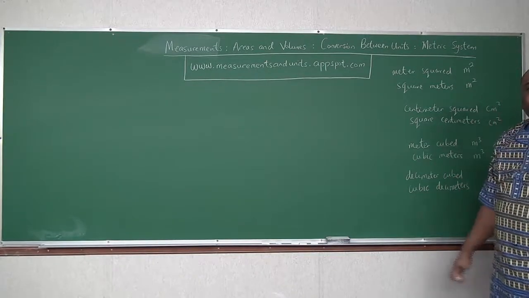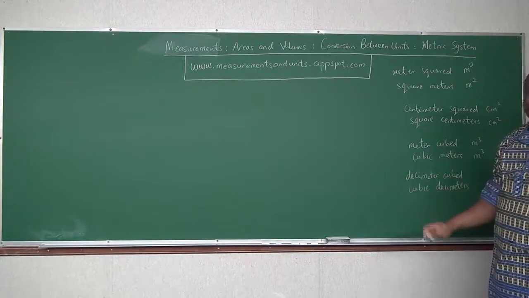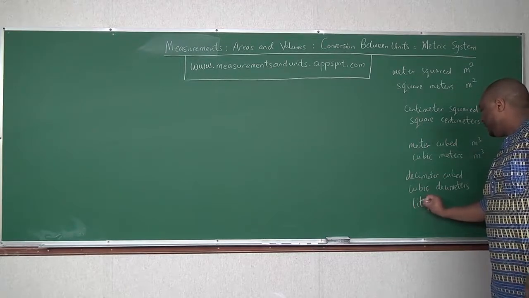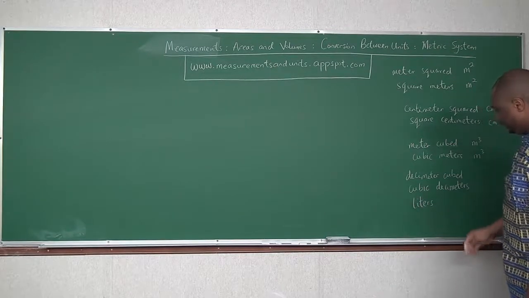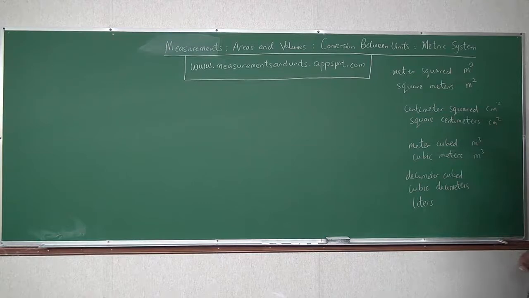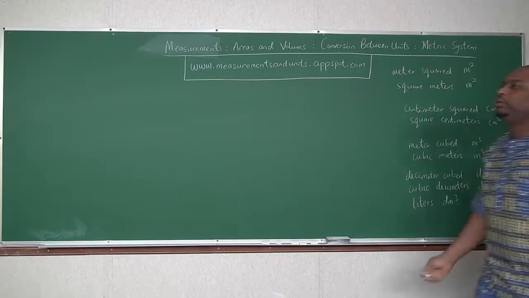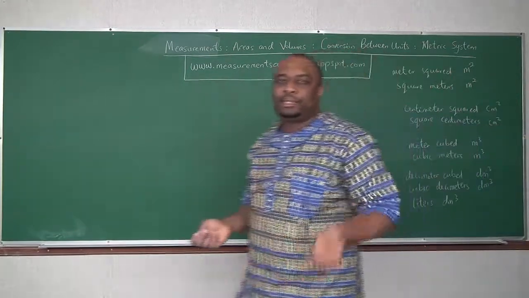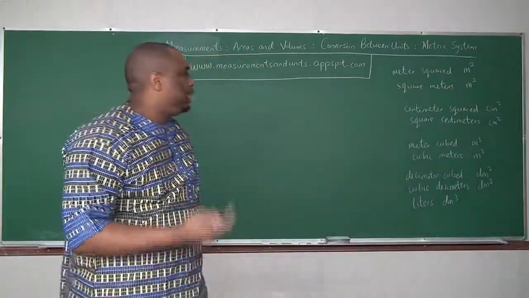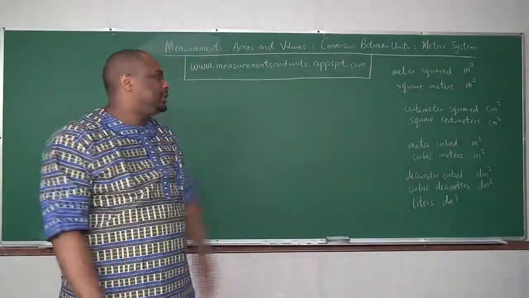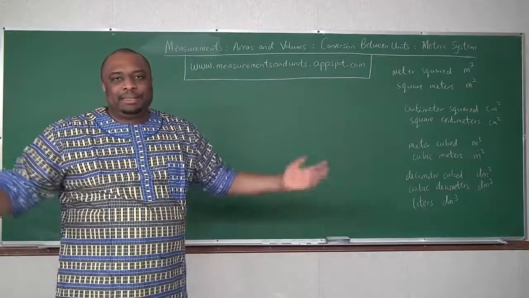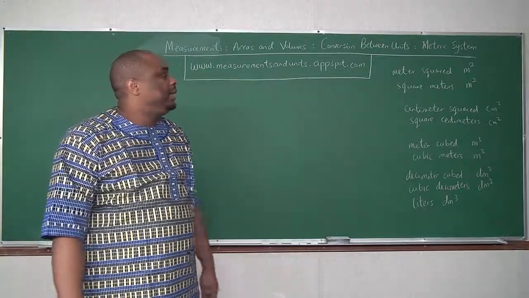And some textbooks will just write liters. So this is the same thing, dm cubed. When you talk of liters, 1 liter means 1 dm cubed. So it's the same thing.